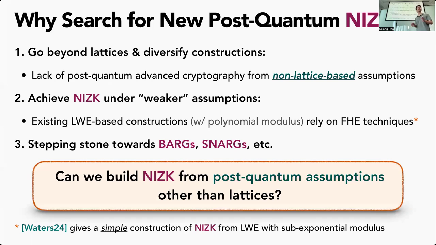Okay, so the central question of this work, which we answer, is: can we build NIZK from other post-quantum assumptions than lattices? Ideally, the assumptions should have a long history of cryptanalysis and should be widely believed to be secure.